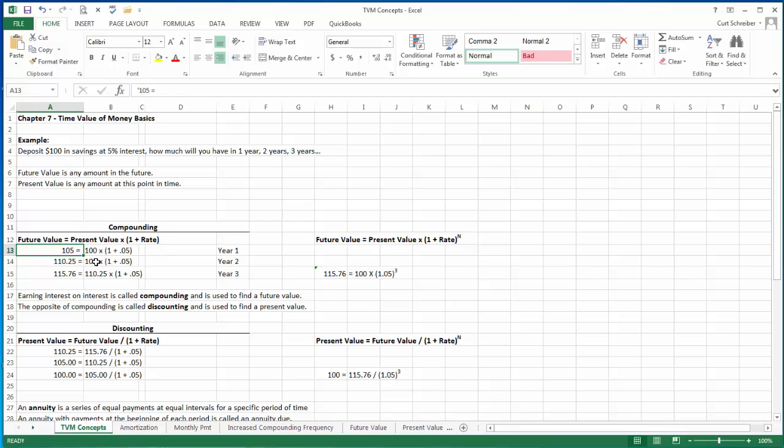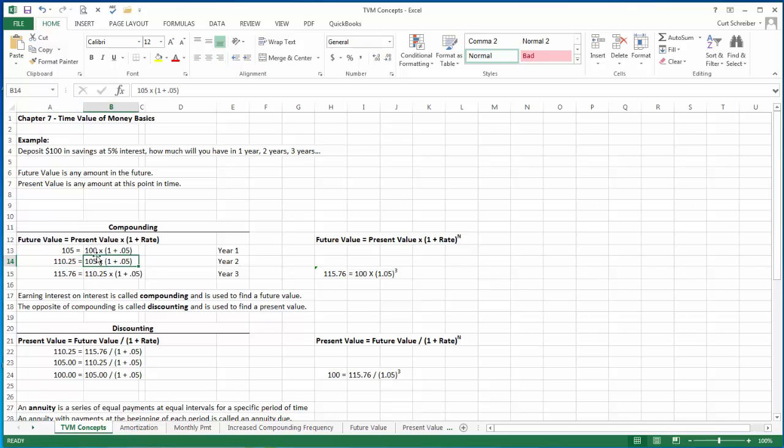However, in 2 years we will have $105 once again times 1.05, which is equal to $110.25. So in this case we are earning a little bit more than $5 in interest, because now we are earning interest on the interest.